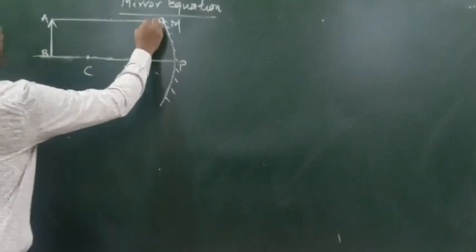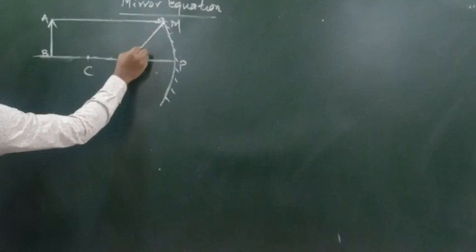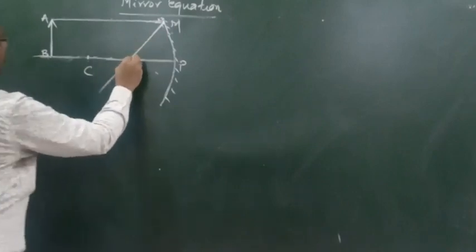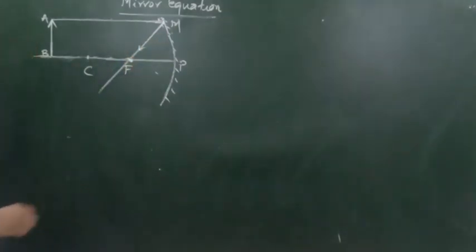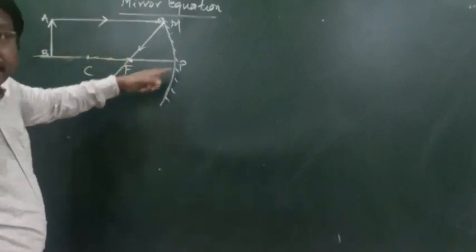The ray after reflection should pass through the focus, okay, because this ray is incident parallel to the principal axis, so by the rule it should pass through the focus.